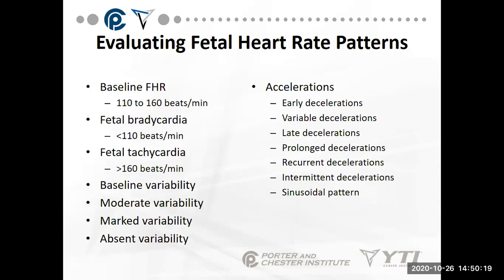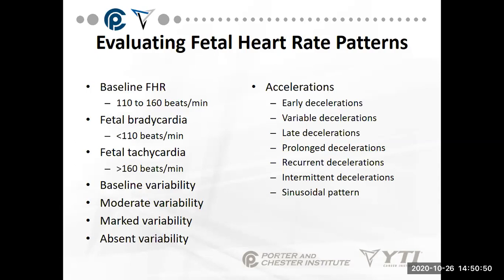Also note the space between each dark black line on the strips represents 1 minute, and the space between each light black line represents 10 seconds, okay? So that's kind of how you read it. I think I gave you a little assignment on reading the patterns of the strips.